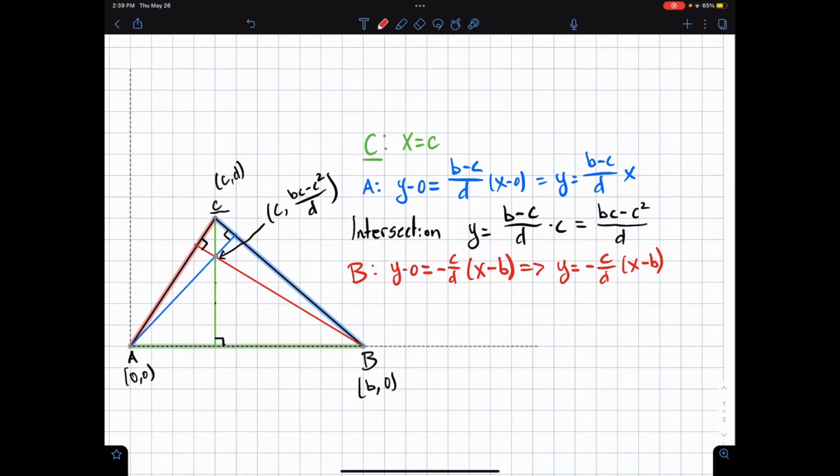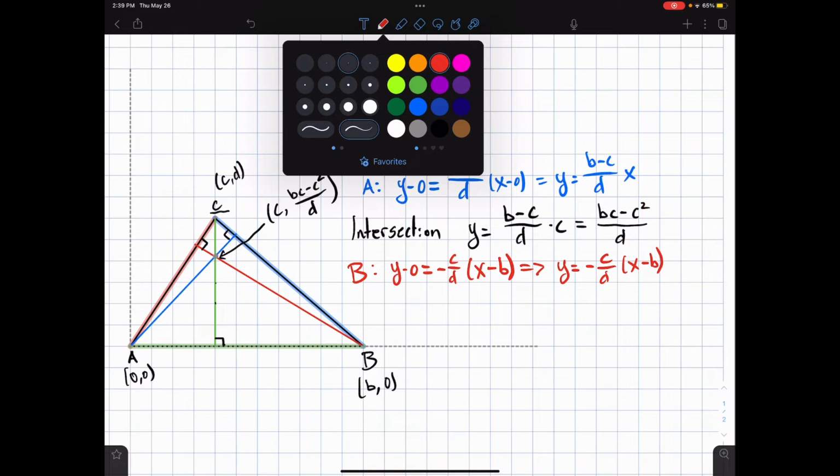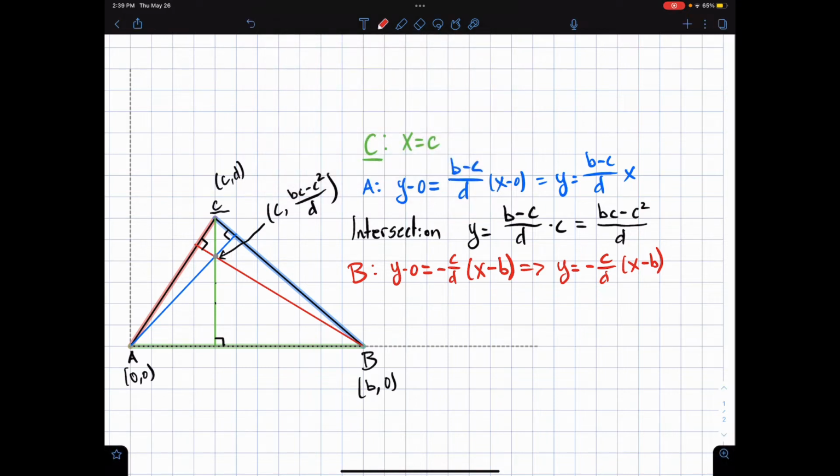So if we've done everything correctly, it should pass through this same point, c, bc minus c squared over d. So let's plug in x equals c.